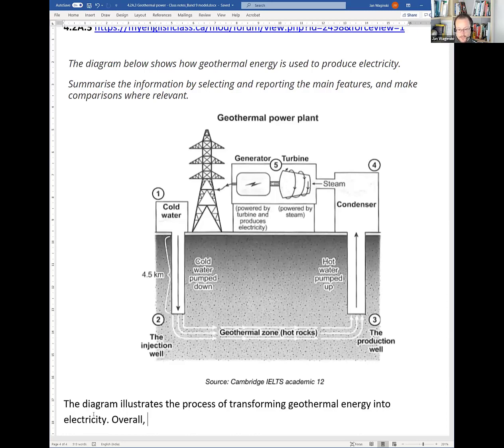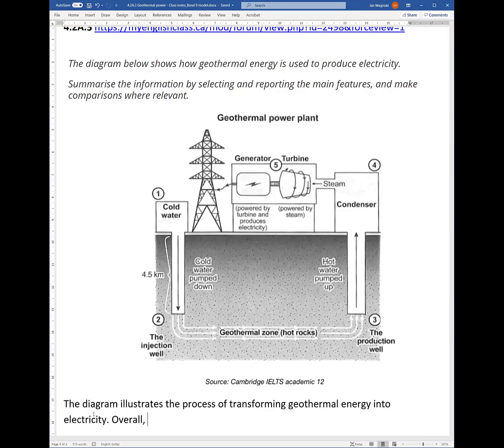You pour cold water down this super deep well. It comes into contact with these hot rocks, and then what? Through the hot rocks. Then from there, pumped up the hot water, which is transferred to the condenser, which is steaming, right? So a condenser is some kind of device.